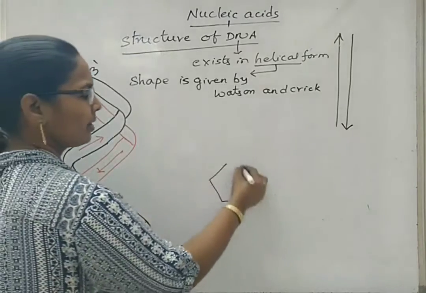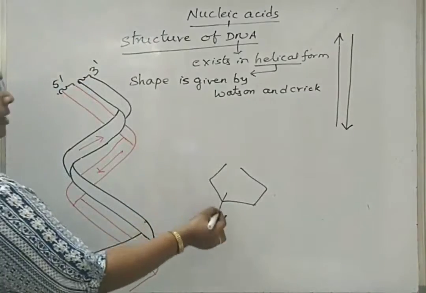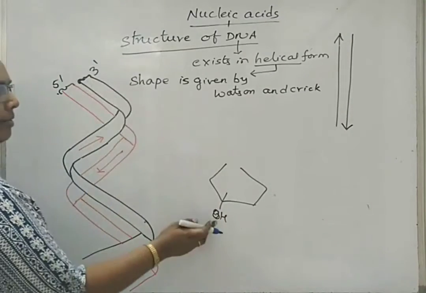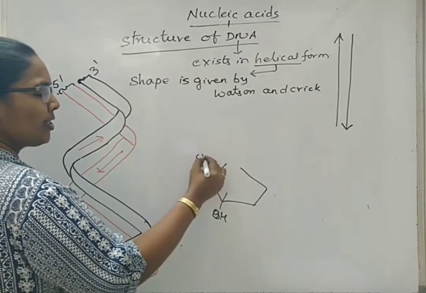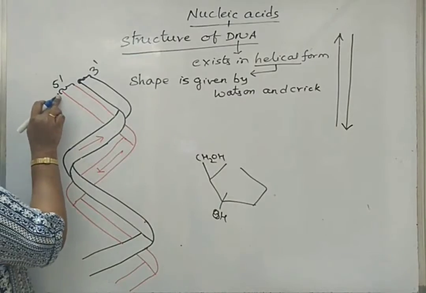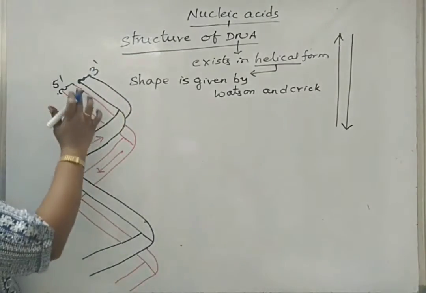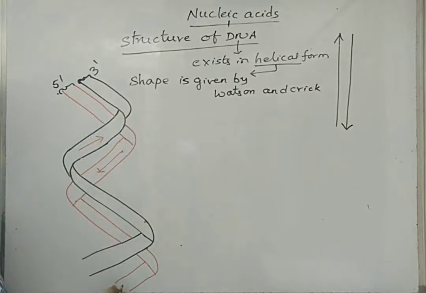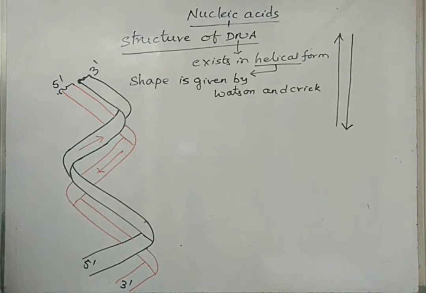Means, if this is the pentose sugar, if 3rd carbon is having OH group, if this is present here, then we call it 3', and at 5th position we have CH2OH. If that area is present here, then we call it 5'. So if it is 5', then the opposite end we should represent as 3', and for this one 5' for the dark or black colored strand.